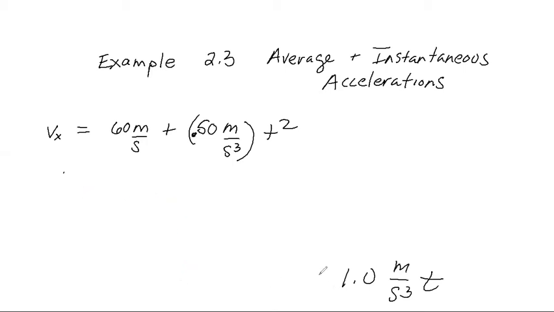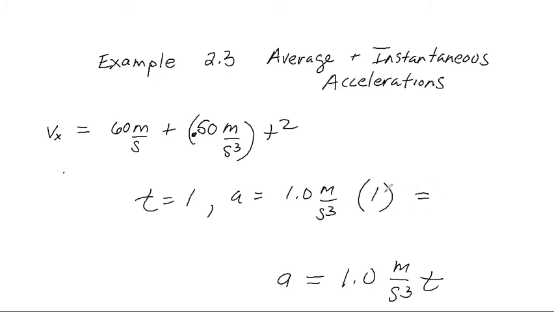Once again, my expression for my acceleration at any given time t is 1.0 meters per second cubed times t. So when t equals 1 second, a equals 1.0 meters per second cubed times 1 second, which is going to equal 1.0 meters per second squared.